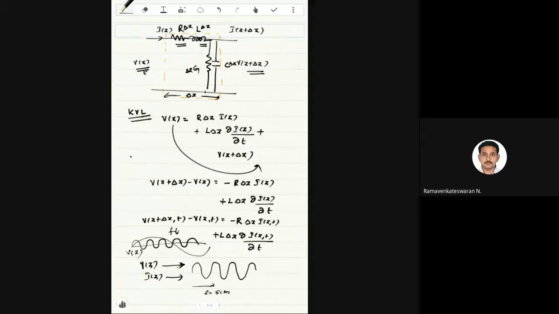If it is the sending end, you can take Z equal to 0, so V of 0, I of 0. And for the receiving end, let us take 100 meters: V of Z at Z equal to 100 meters, and I of Z at Z equal to 100 meters. That way we can write the voltage and current after some distance.